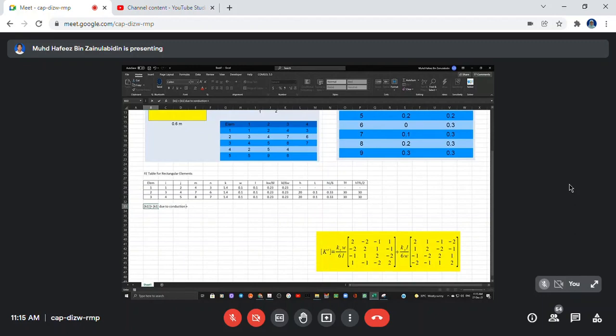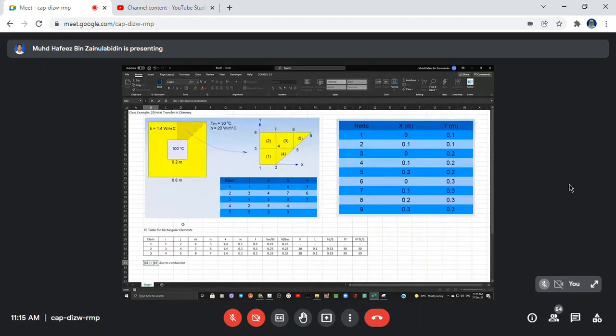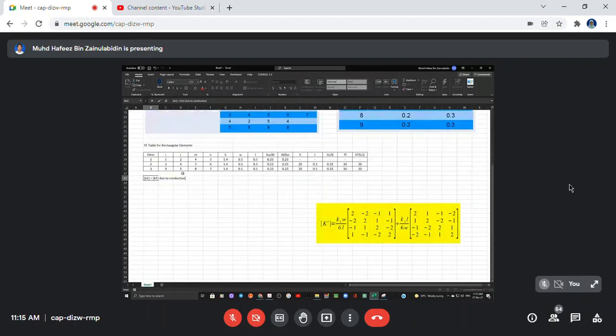No, sorry. For element 1, there is no K1 due to convection because it is not exposed to the surrounding. So we only have to calculate K1 due to conduction.